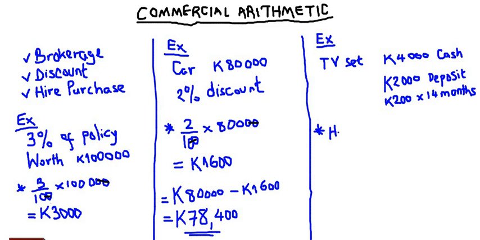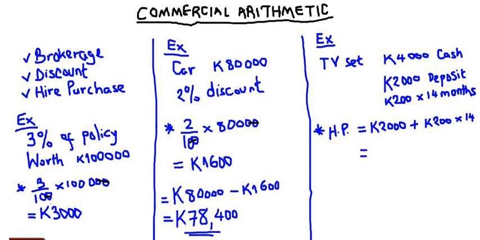We can analyze the hire purchase price by saying it comprises the deposit plus the installments. So the deposit is 2,000 kwacha, plus the amounts that need to be paid every month, in total 14 of these payments.